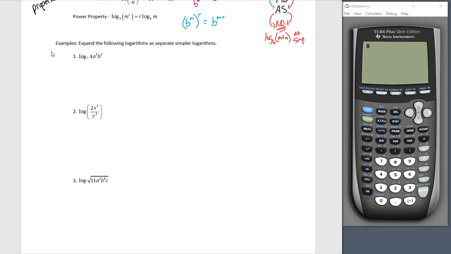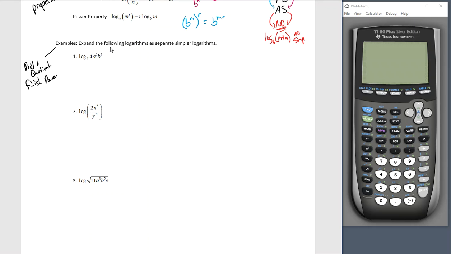Always start in these examples with product and quotient, and finish with the power rule. So I notice I have log base 7 of 4 times a to the third times b squared. Now I said times in a weird way because I'm emphasizing the multiplication.